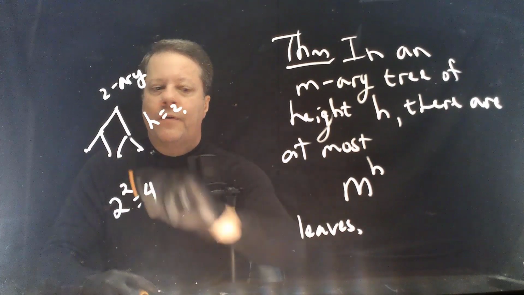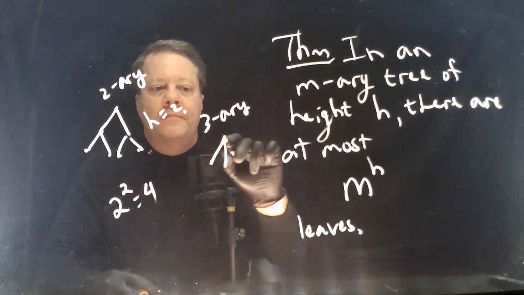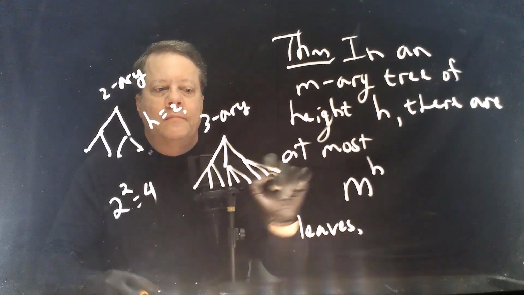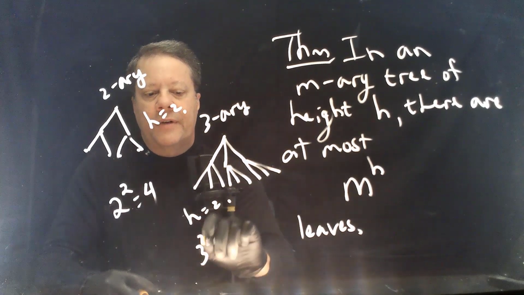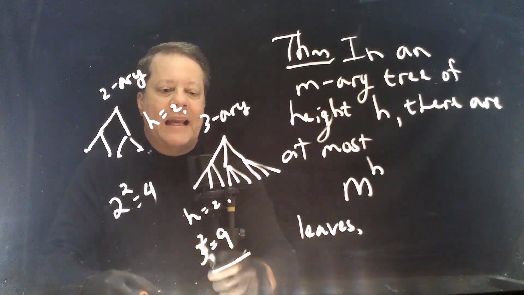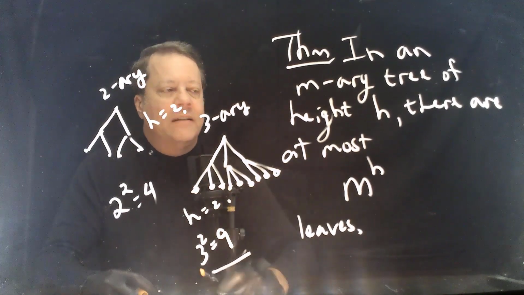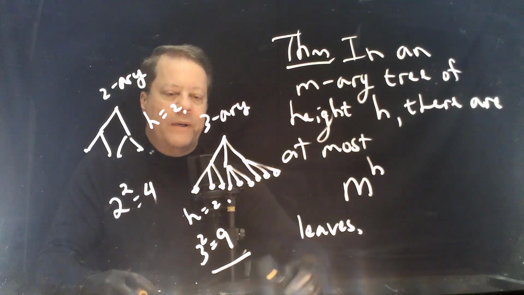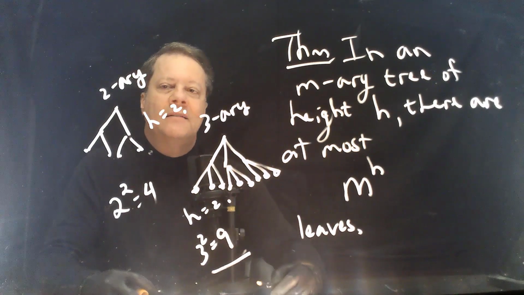1, 2, 3, 4. Let's do a 3-ary. And here its height is 2, so 3 to the 2 is 9. We expect there to be 9 leaves. 1, 2, 3, 4, 5, 6, 7, 8, 9. If some of these little branches don't go all the way to the height of 2, then you could have less than 9.